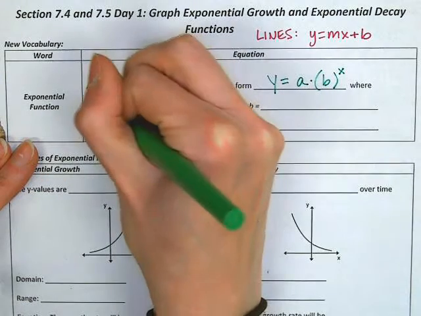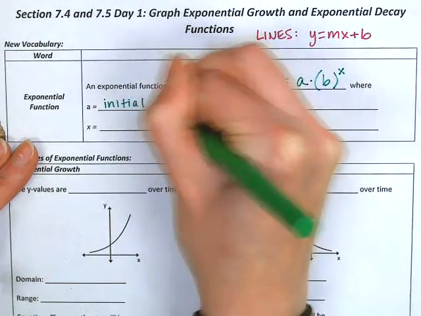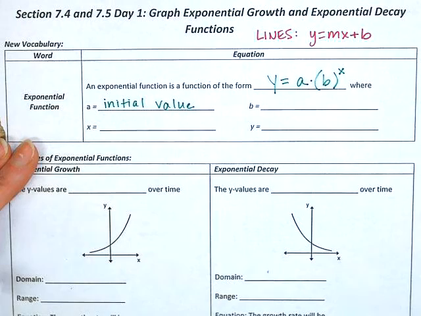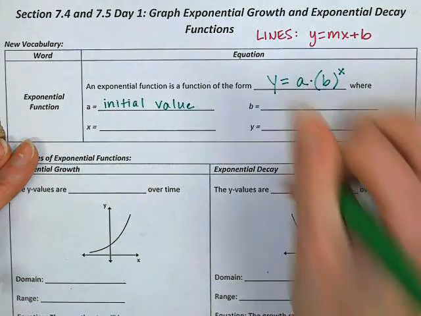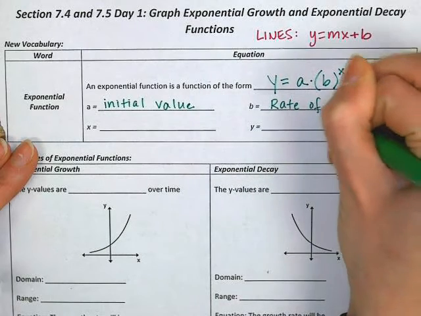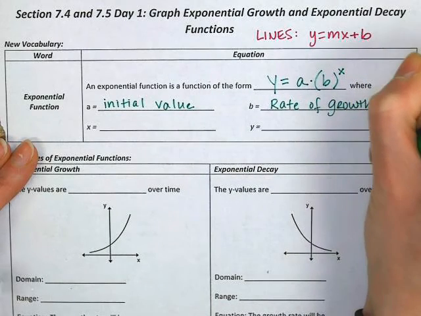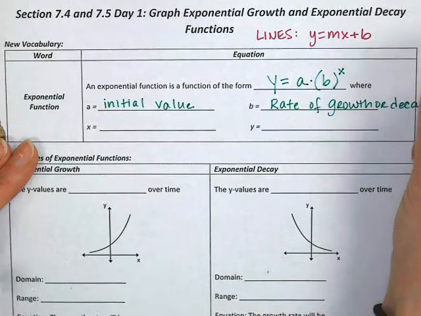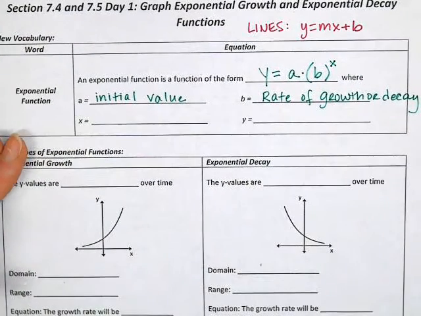A ends up being the initial value or the starting value. And then b ends up being something called the rate of either growth or the rate of decay, depending on what type it is.